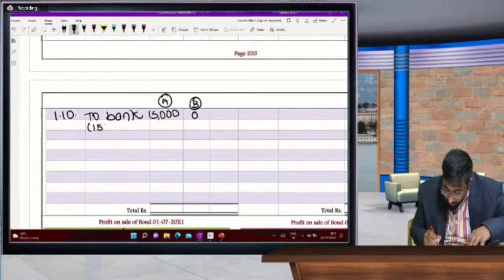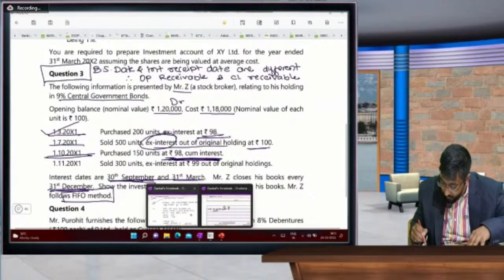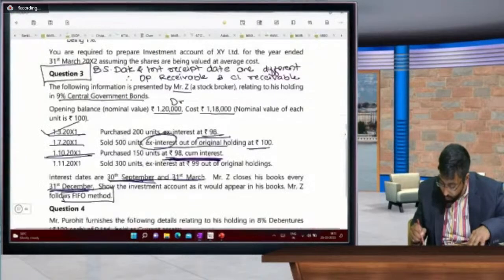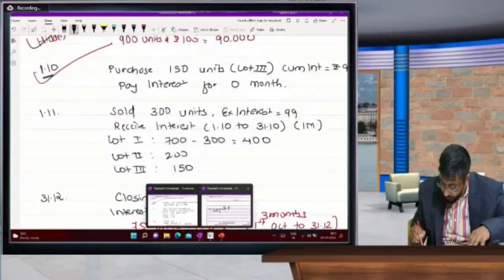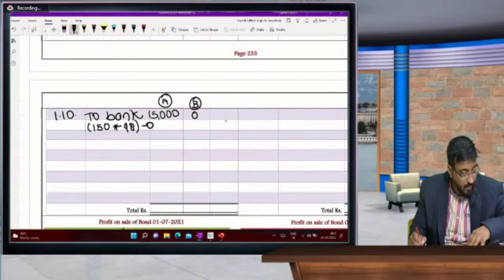So 115 to, what is the cost? 98. Cum interest, but cum interest is of no use. 98 minus 0. Yes.